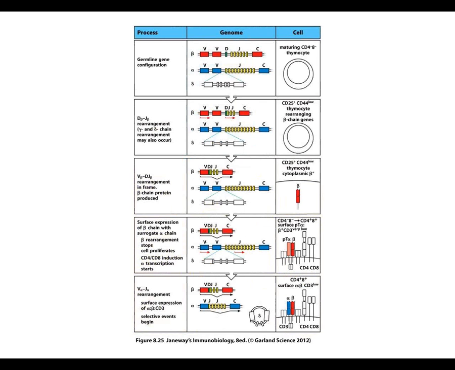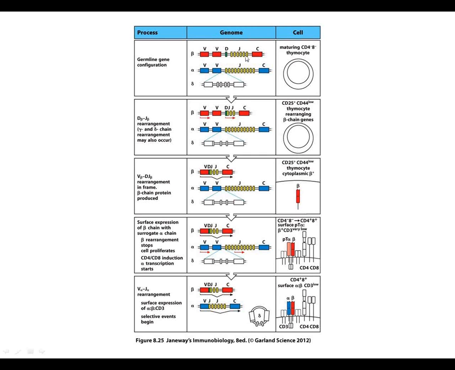The alpha beta T cells, to review, undergo rearrangement just like the B cell receptor in that they start with the beta chain, which is analogous to the heavy chain. Heavy, it's got an extra segment. Maybe that's a way to remember it. VDJ, so you get DJ rearrangement first, and then VDJ.